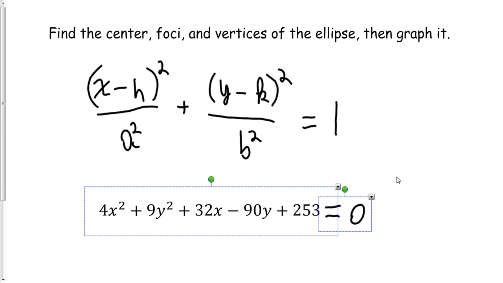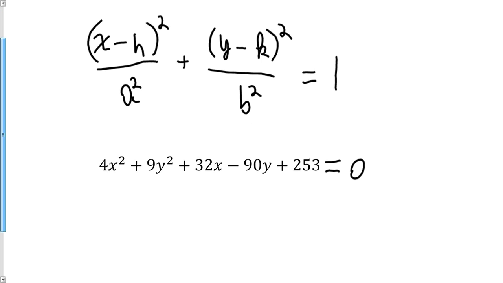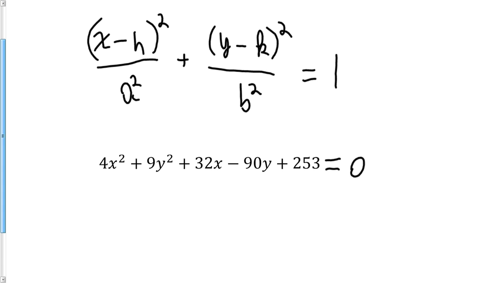So I'm going to complete the square on x so I can get a binomial squared. I'm going to turn 4x squared and 32x into a binomial squared, and do the same thing for y, taking the two y terms and grouping them together. So I'm going to complete the square on both x and y. That's the process I'm going to go through.